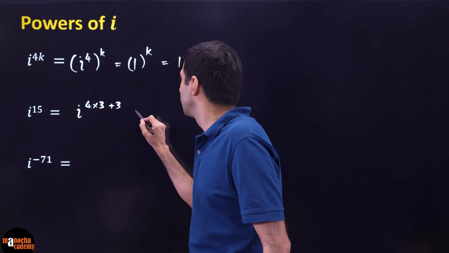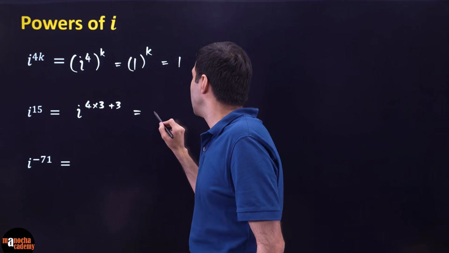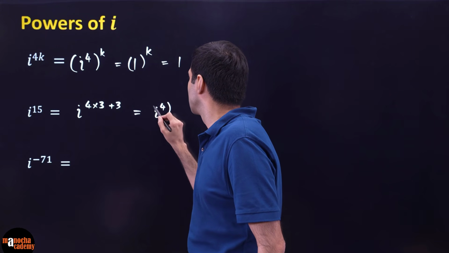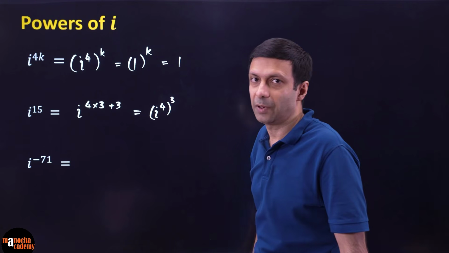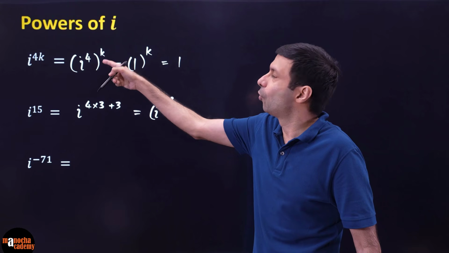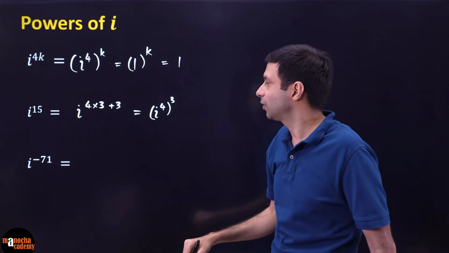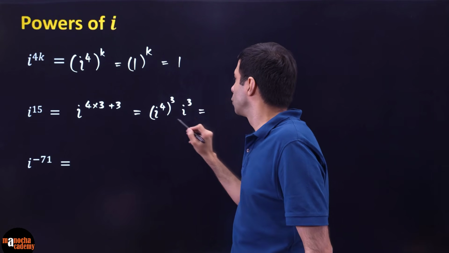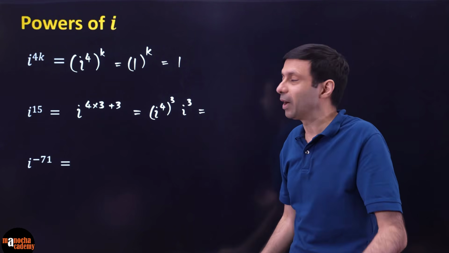And now we know that this whole i to the power 4 times 3 is i to the power 4, to the power 3, right? Because in exponents, just like we did there, 4k means 4 to the power k. So 4 to the power 3 here, multiplied by i cubed. So once again, this becomes easy because i to the power 4 is 1.